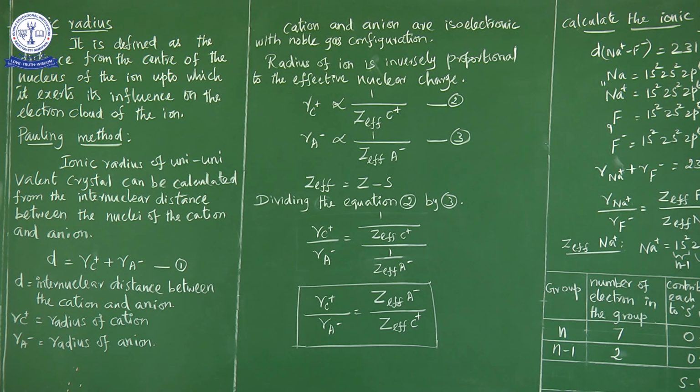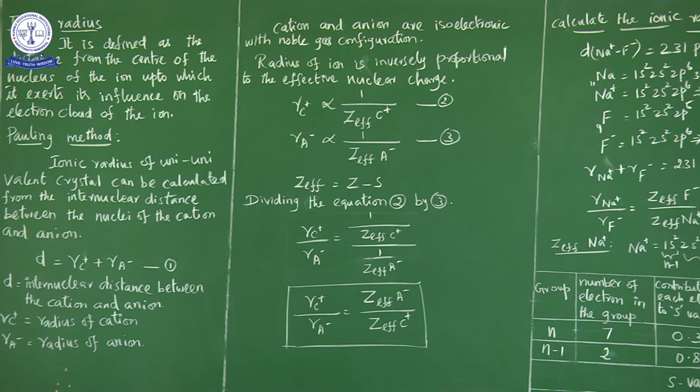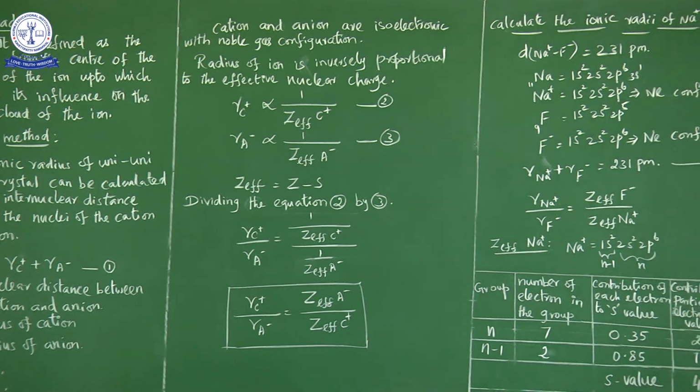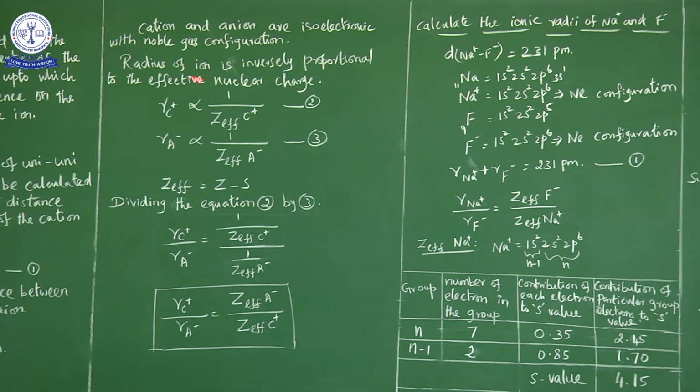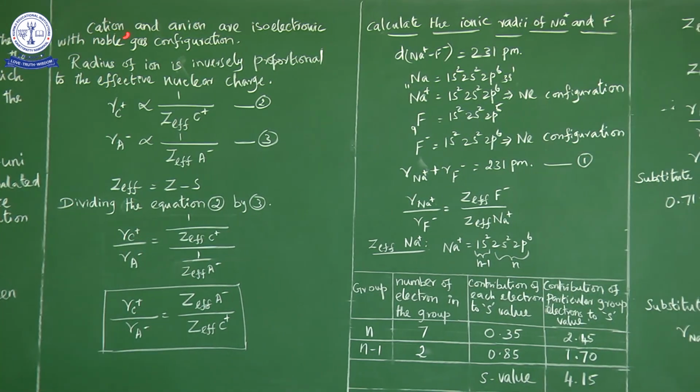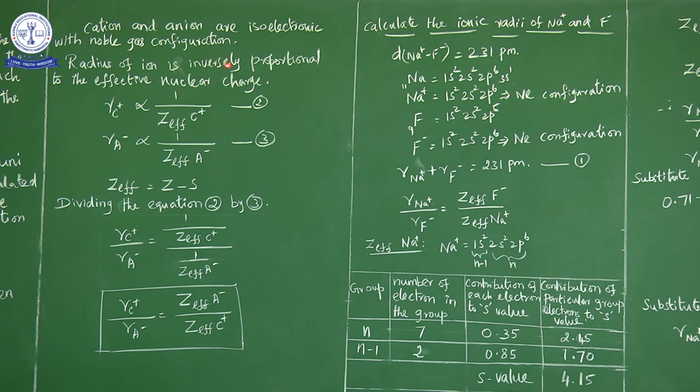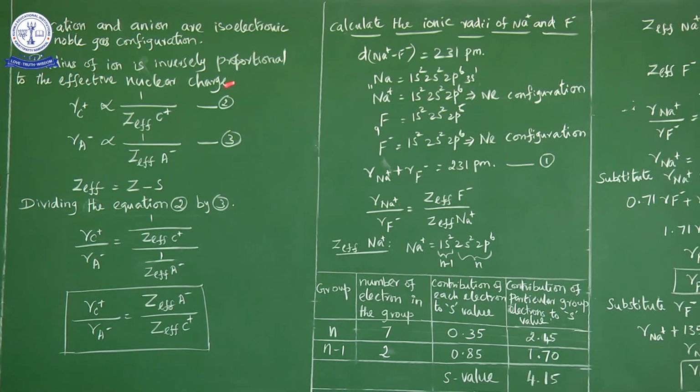So the covalent radius decreases with the increase in effective nuclear charge. We saw a table in the last class. So as effective nuclear charge increases, the radius of the ion decreases, so the radius of the ion is inversely proportional to the effective nuclear charge.